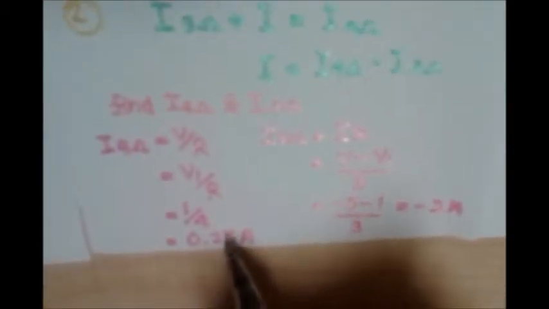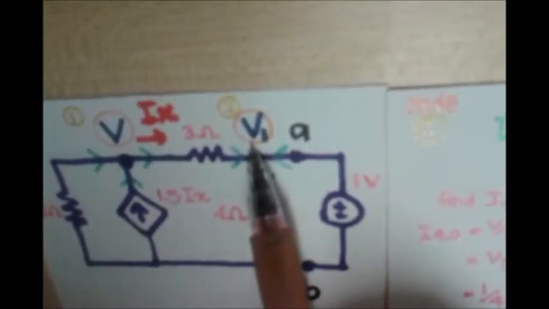It is the 4 ohm, and we get 0.25 amp. For the I3 ohm, which is Ix, we use V minus V1 over 3, because Ix is from V to V1 over the 3 ohm resistor. So we simplify and get negative 2 amp.